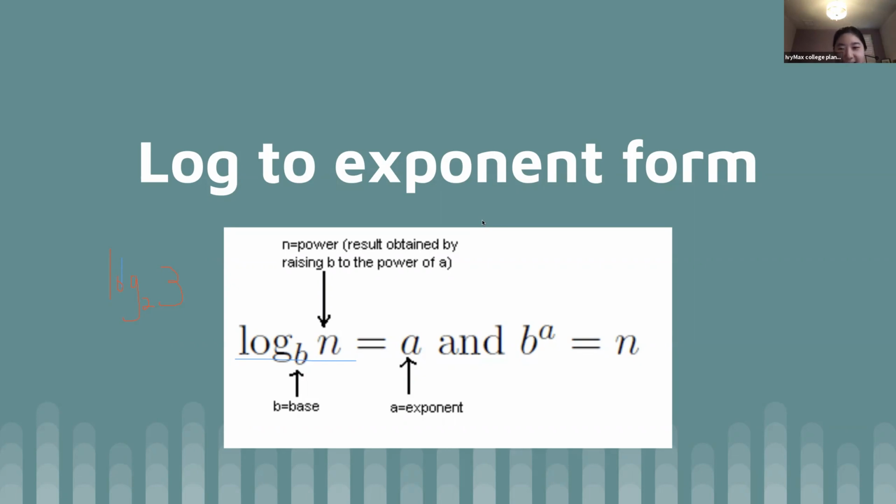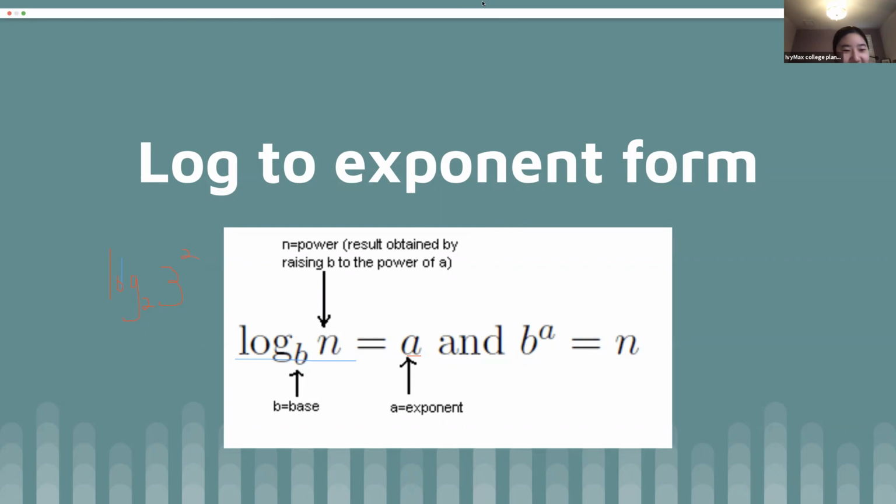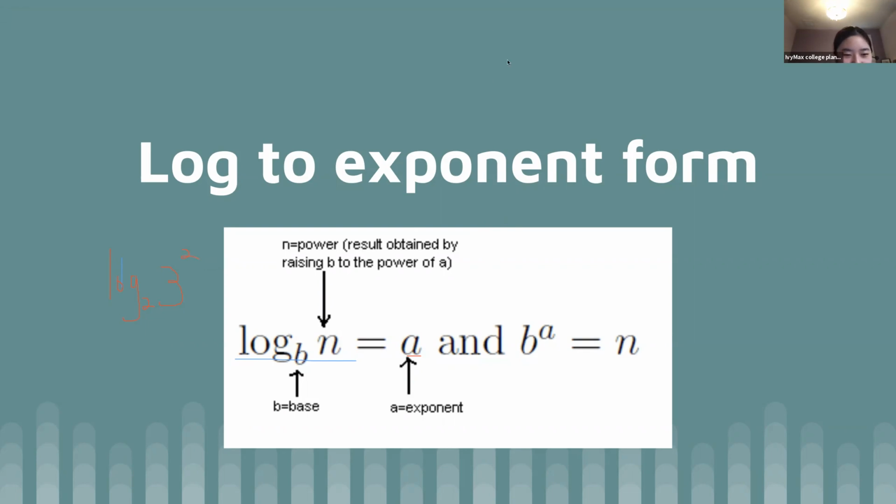So a is a power. I already forgot what I learned. Oh, no, never mind, sorry. So it's supposed to be log base 2 of 3 equal to whatever, like you set it to 5.